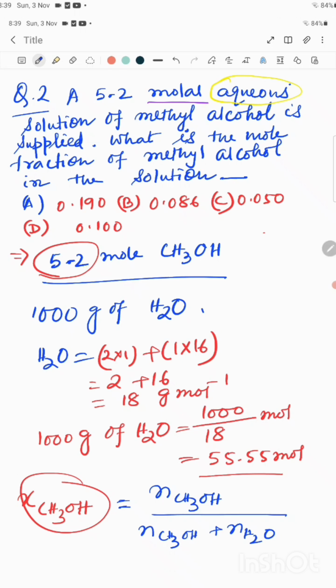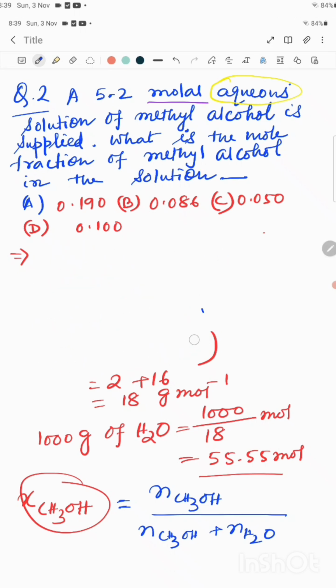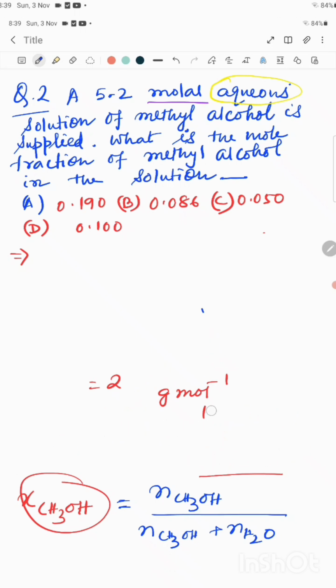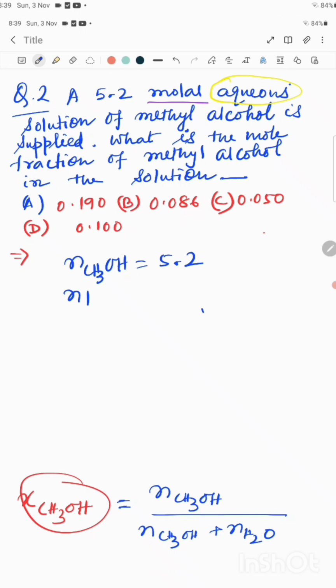So now we will calculate. First of all, let's write the data, then we will put the values. nCH3OH is 5.2, and nH2O is 55.55 mole. Already we got this.